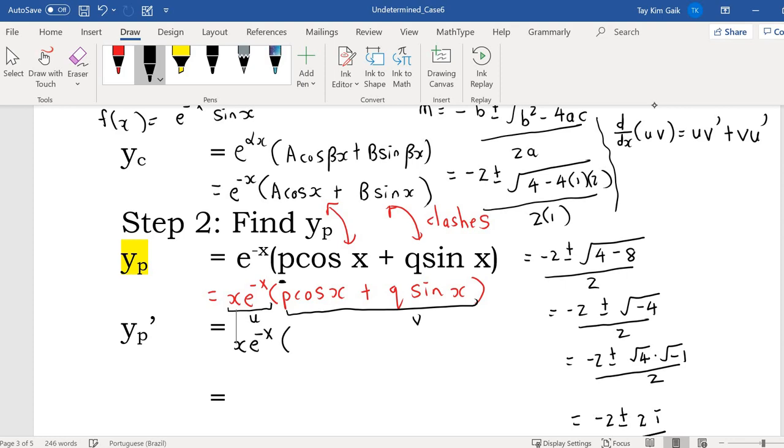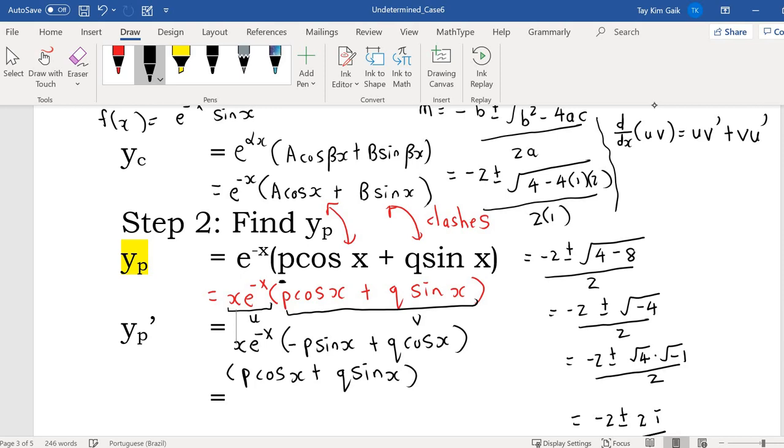Now differentiate v, you get negative p sin x. Differentiate q sin x, you get q cos x. Okay, and then you already have u v prime plus v, where v is p cos x plus q sin x.